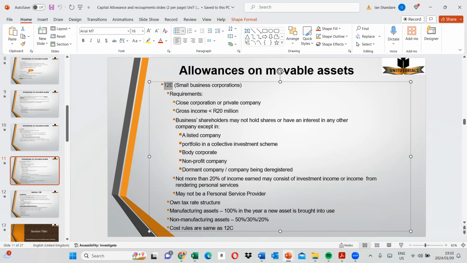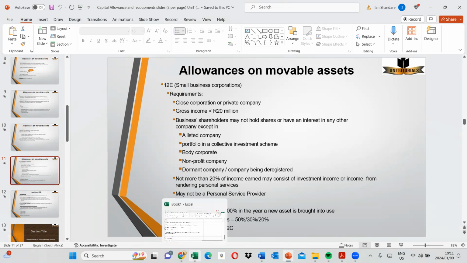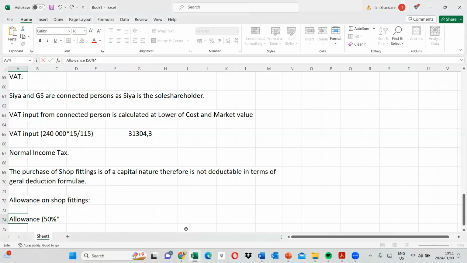100% in the year that the asset is brought into use, that is, if it's manufacturing, and then for non-manufacturing assets, you claim 50%, 30%, 20%. So in this regard, it's important that you pay attention to that. But in all honesty, it was a little bit tricky, in the sense that you have to run around your mind in order to pick out that this is actually a small business.